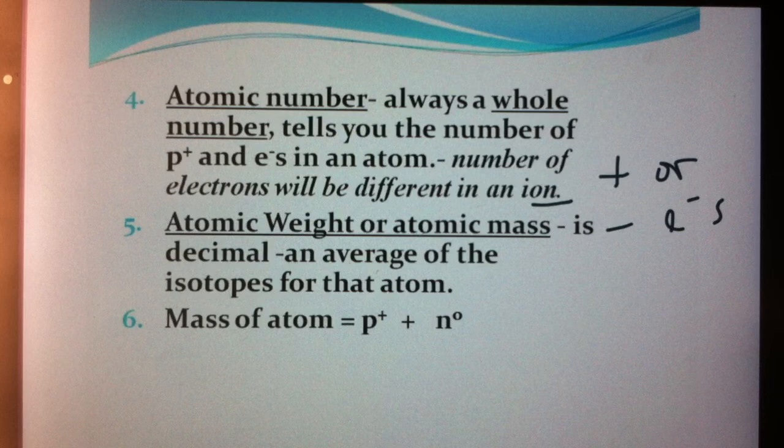And the atomic weight or the atomic mass is the decimal. And it's a decimal because it's an average of all the isotopes for that particular atom. So oxygen has a mass of 16.00. If you were to look on a different periodic table, it would actually be 15.9994.